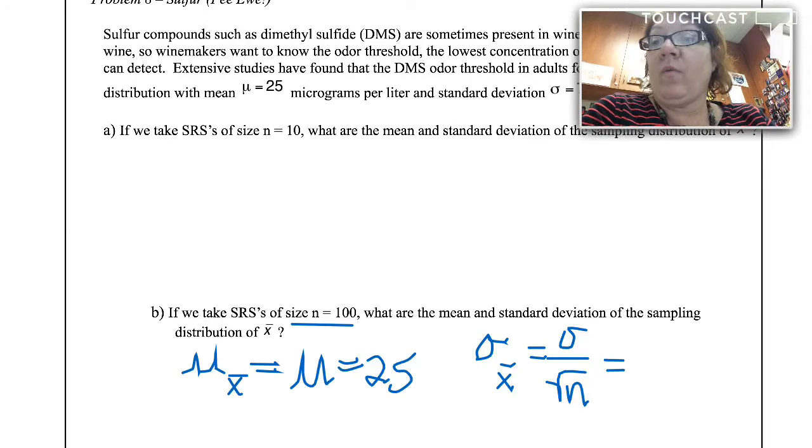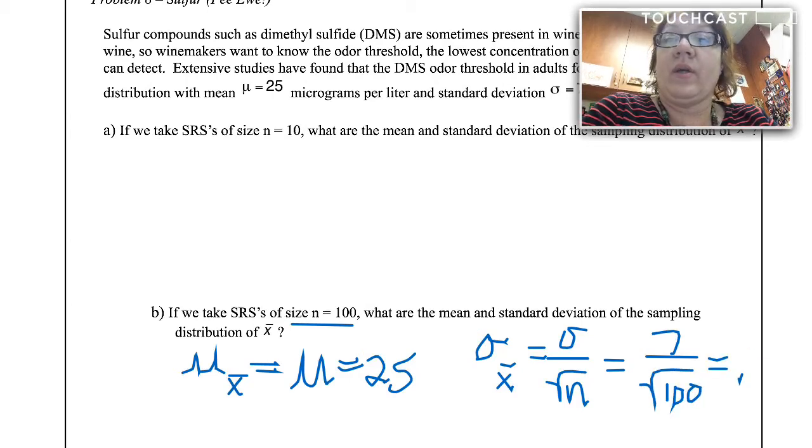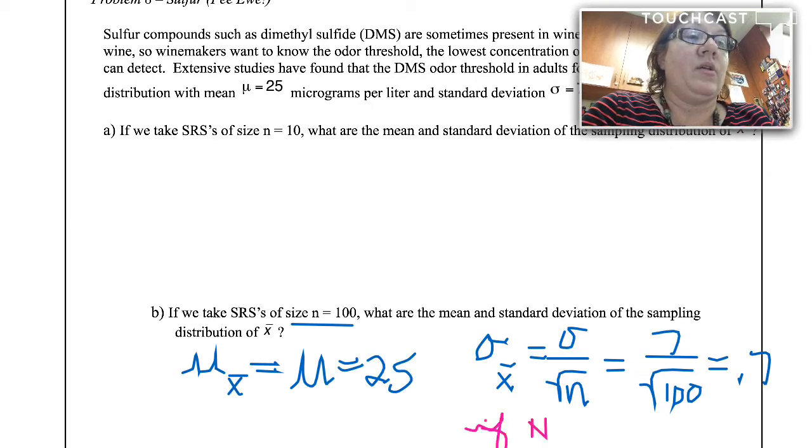So where before it was 7 over square root of 10, now it's 7 over square root of 100, which is 0.7. So notice it's gone down a lot. And again, don't forget that I need to write if the population is greater than or equal to 10n.